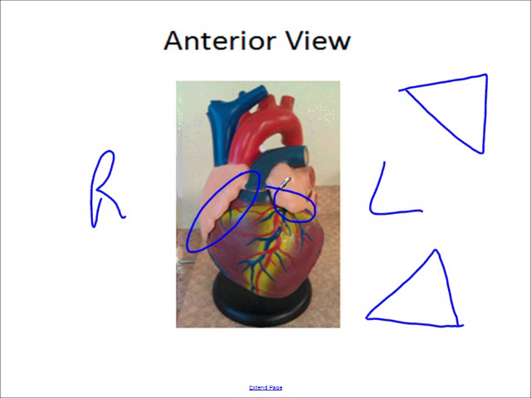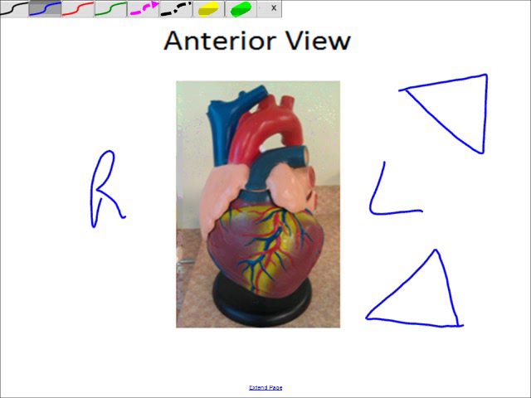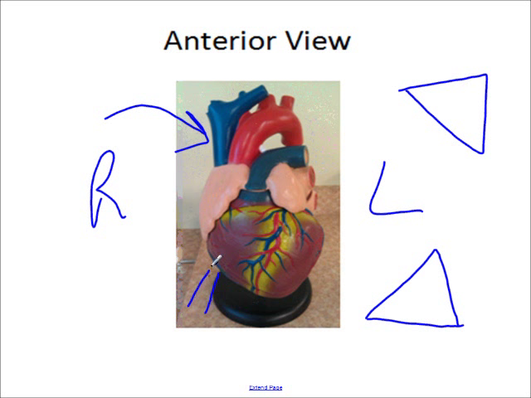And from the anterior perspective, this right here would be the superior vena cava. You can't see it just by the way this model is positioned, but the inferior vena cava would be on the underside, or inferior aspect, of the heart, working its way up to the right atrium.